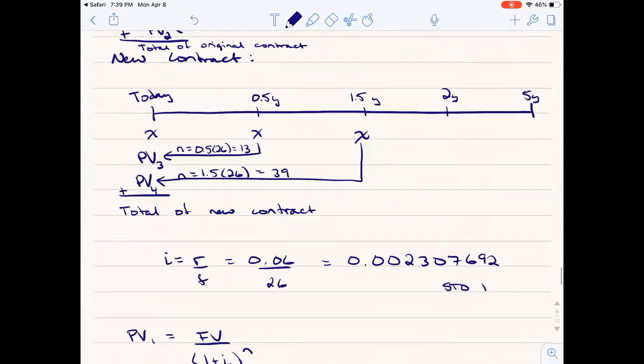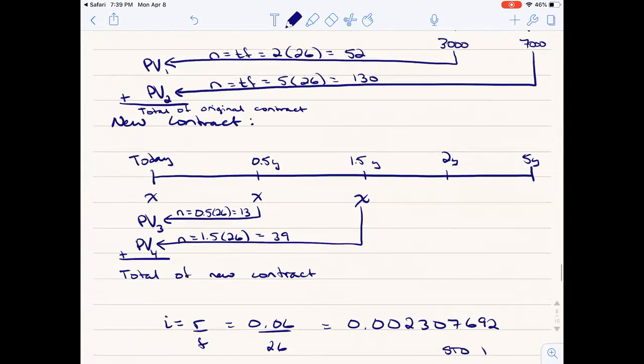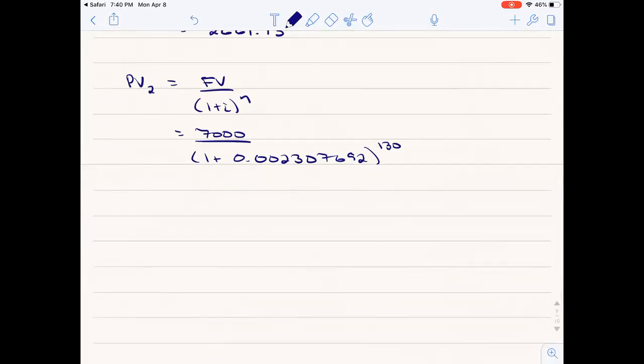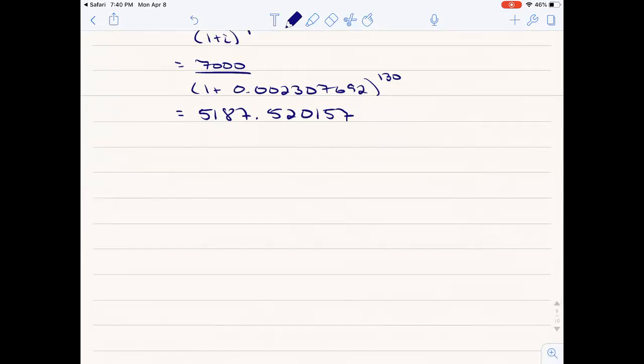But I'm just going to keep writing it out. N for this one is 130. So we've got 1 plus recall 1 to the power of 130. And then 7,000 divided by that is 5,187.520157, which in money is 5,187.52.